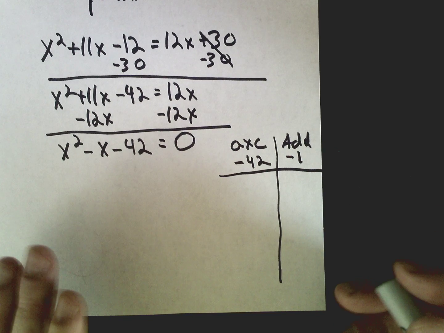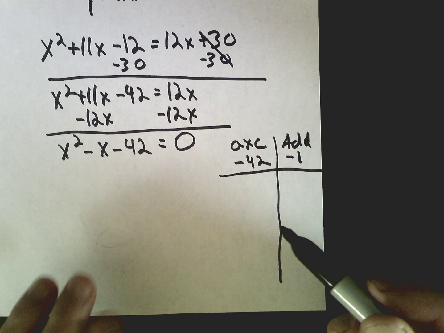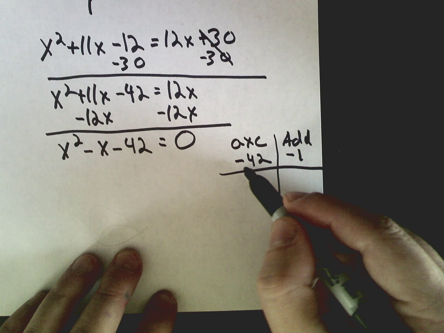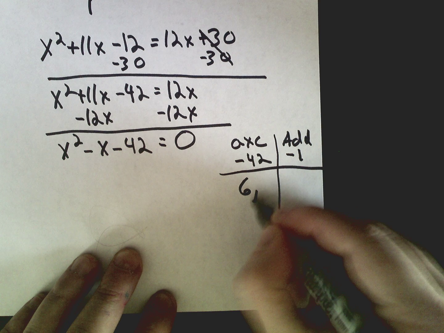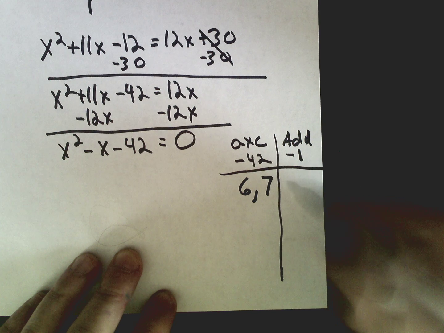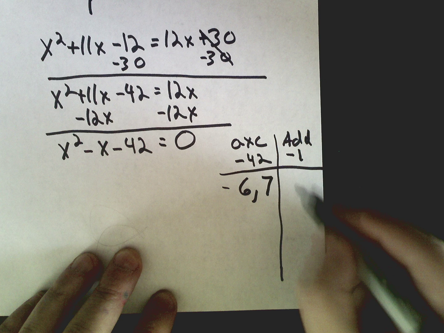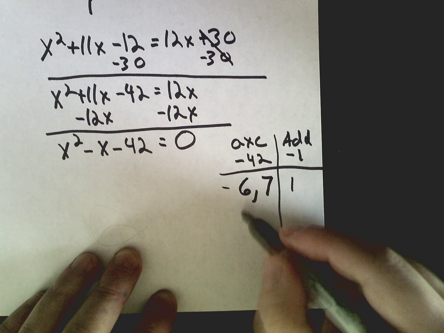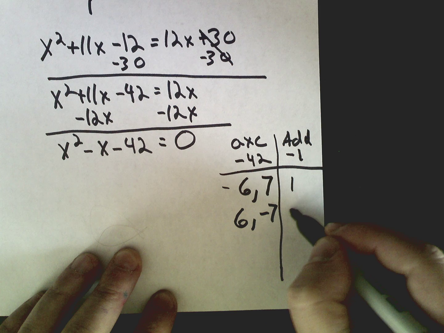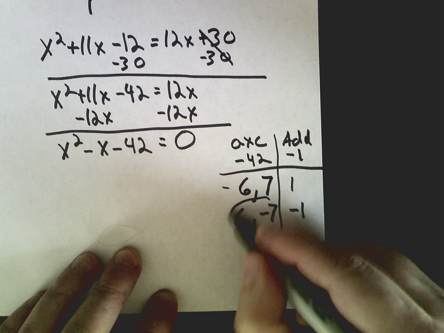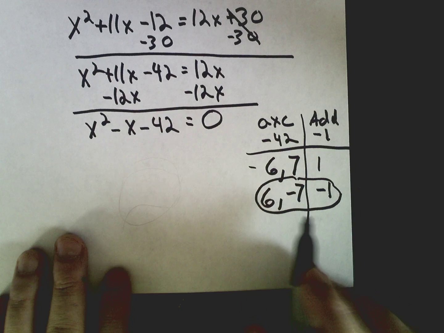Well, if I look on a multiplication table, and you guys have multiplication tables, there are multiplication tables online, one of the factors of 42 is 6 and 7. Now, to make this equal negative 1, if I made 6 the negative, it would equal positive 1. But if I made 7 the negative, that would be negative 1. So my two factors, not too bad, pretty quickly, are 6 and negative 7.